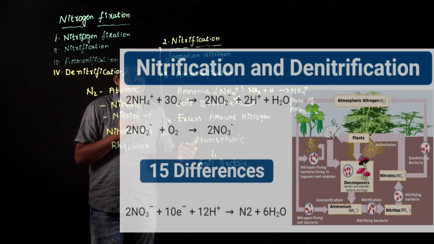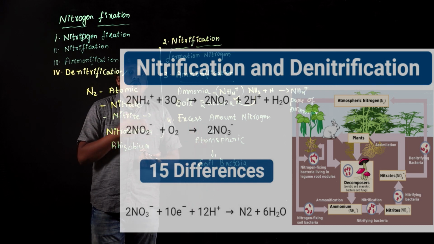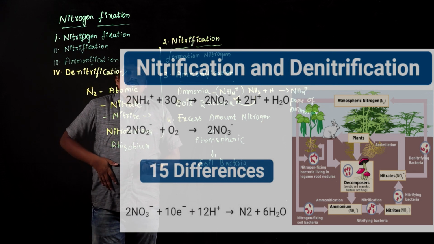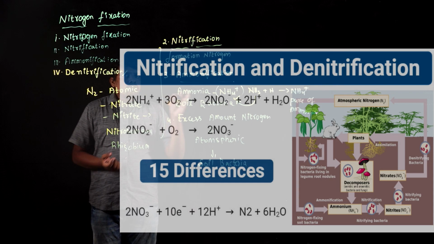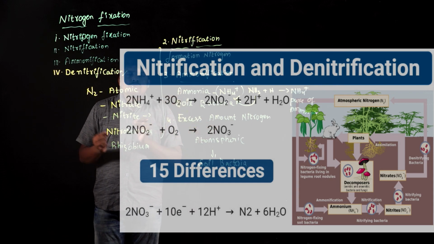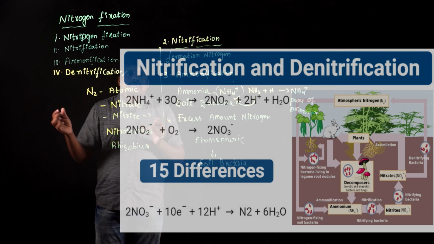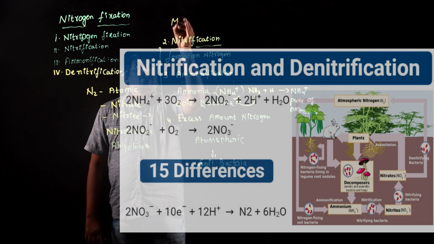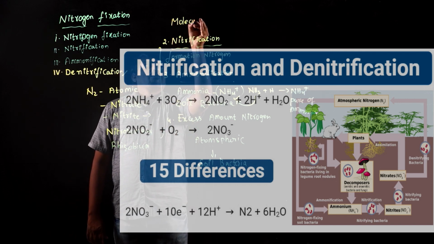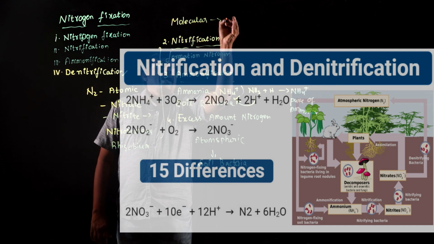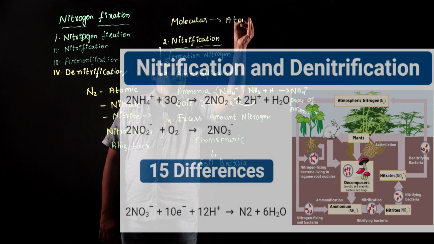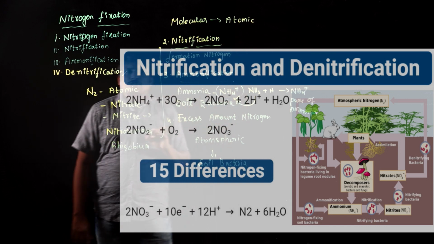The crystalline form of nitrogen available in the soil will be evaporated into the atmosphere as an atomic state of nitrogen. Simply we can say the molecular nitrogen is converted into atomic nitrogen. So the conversion of the molecular form of nitrogen into the atomic state of nitrogen is called denitrification.